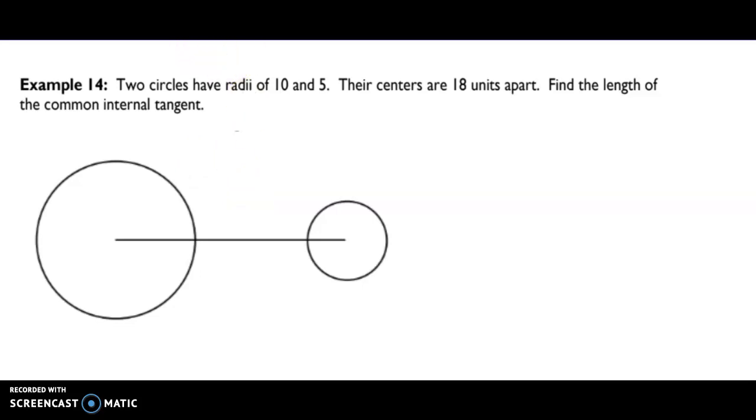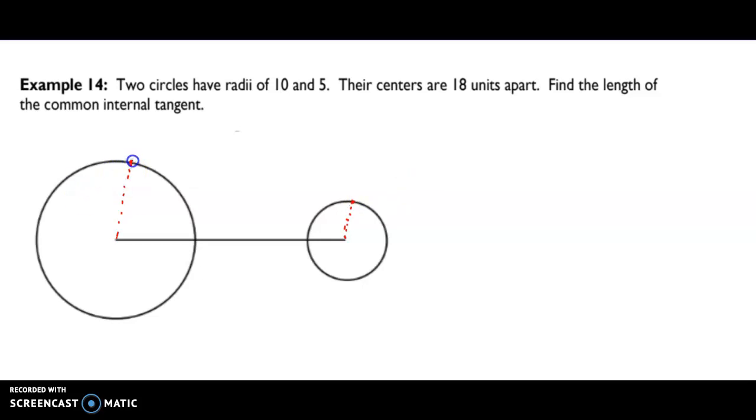So first what I'm going to do is draw. Oops, that's terrible. I'm going to hope that I drew this slant at a good angle here.